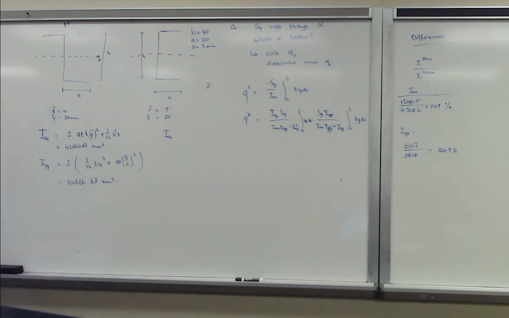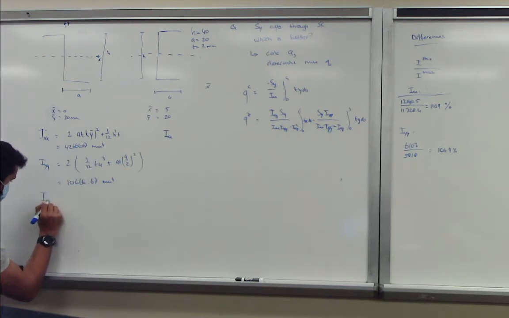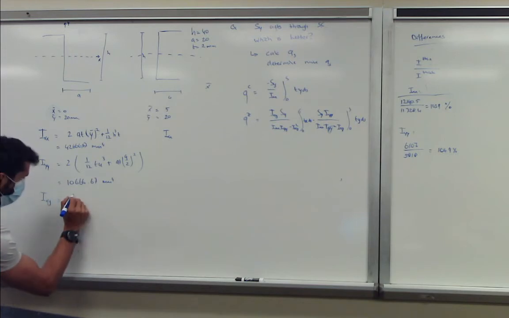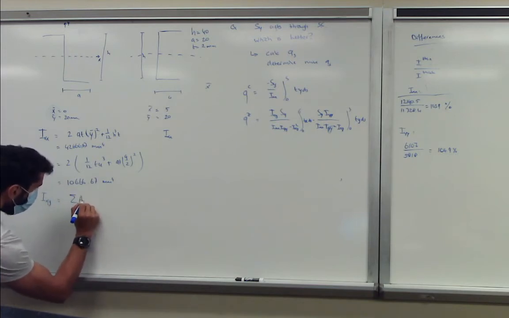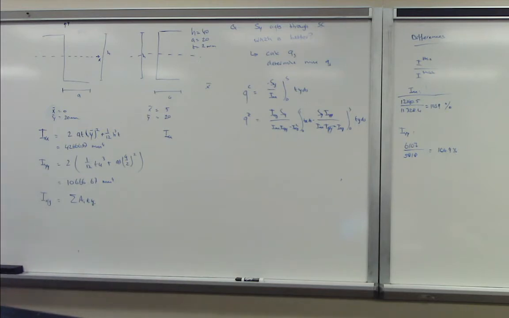And then the moment of inertia around IXY. So again, let's write that formula out as the summation of AI, XI, YI.